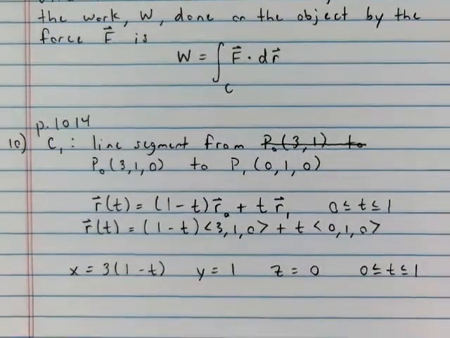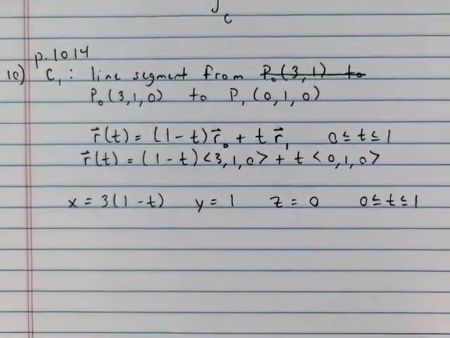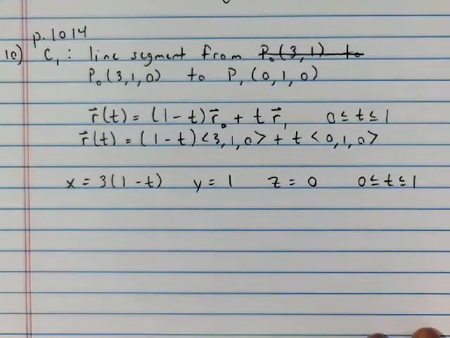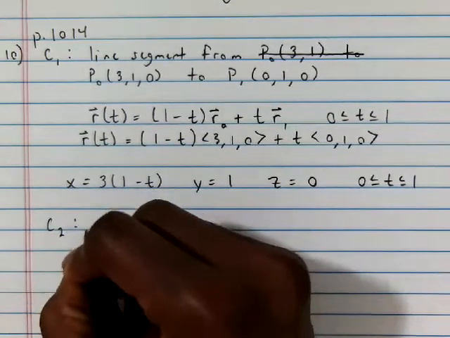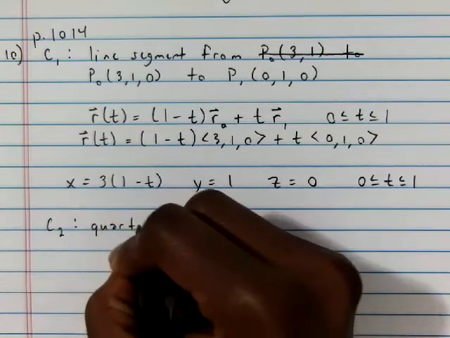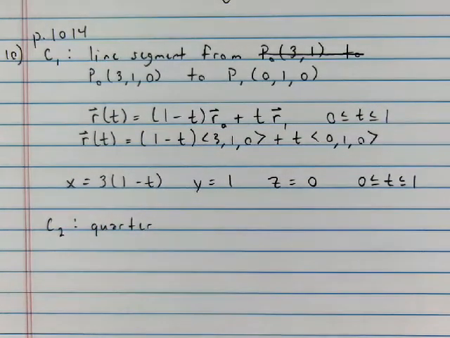So we parameterized the line segment, and now there's a quarter circle in that picture as well, so we need to parameterize that. We'll call that C2. Usually you won't have two separate curves to parameterize. The fact that we have two separate curves means we're going to have to do two separate line integrals and add them. Normally you'll just have one.